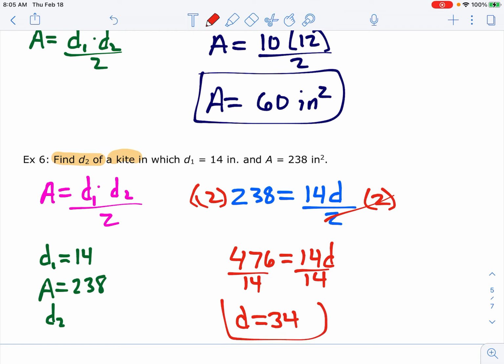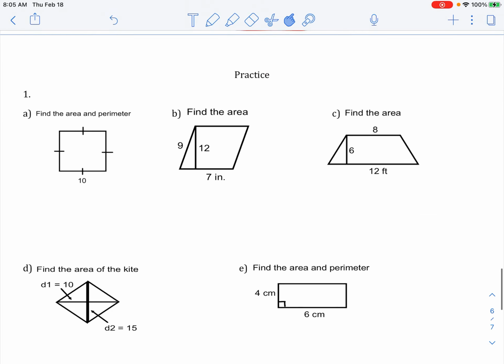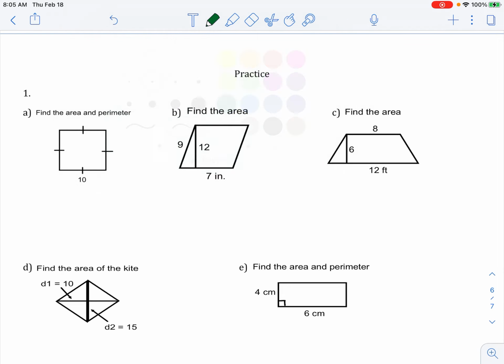Now, you technically could have cleaned up that 14D and called it a 7D if you divided it by 2 and then just went back and divided by 7, but we'll stay in the habit of multiplying both sides by 2 to solve it. All right, let's get to some practice and go through some examples of each type of problem one more time to make sure we're all good.